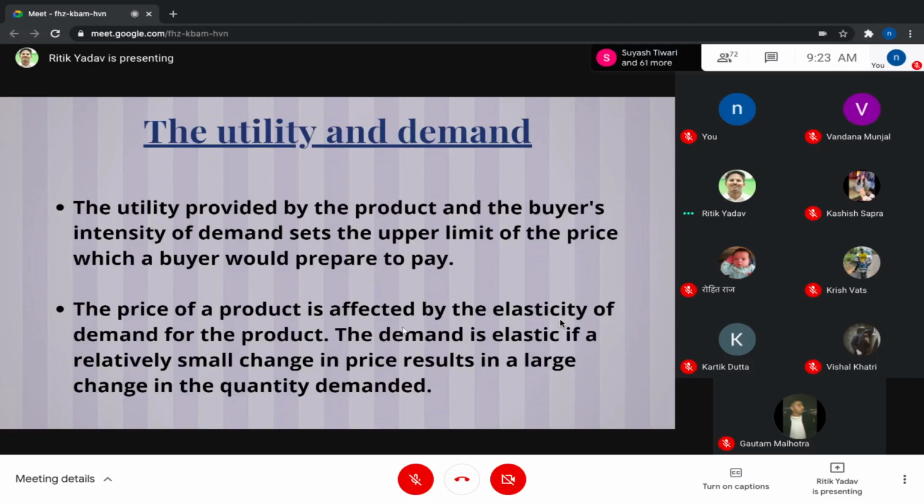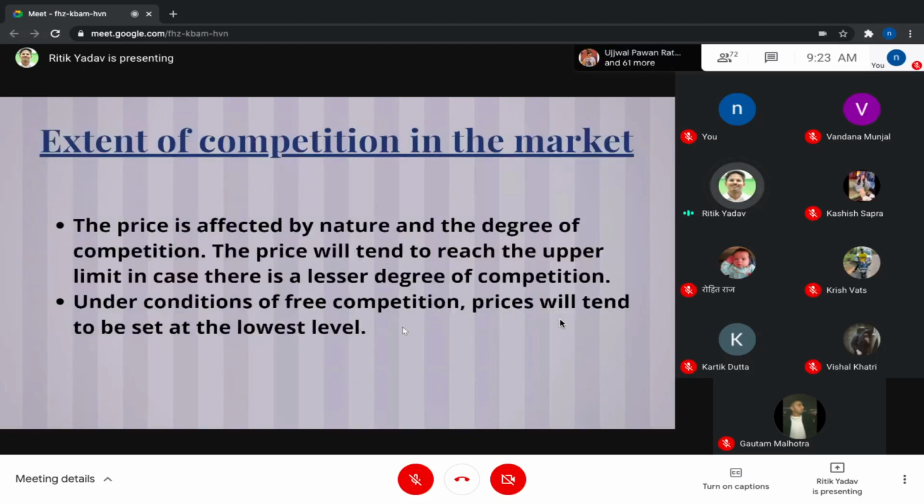Now we have another factor, that is extent of competition in the market. In this factor, the price is affected by the nature and the degree of competition. The price will tend to reach the upper limit in case there is a lesser degree of competition.